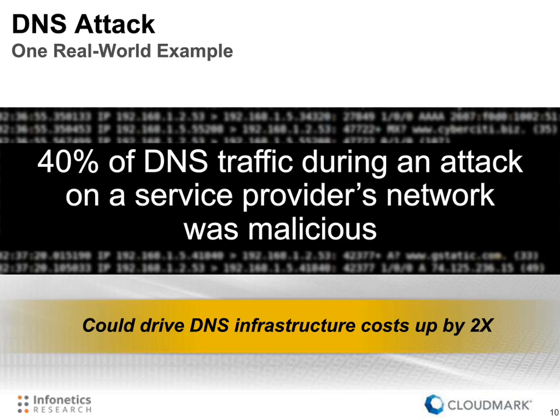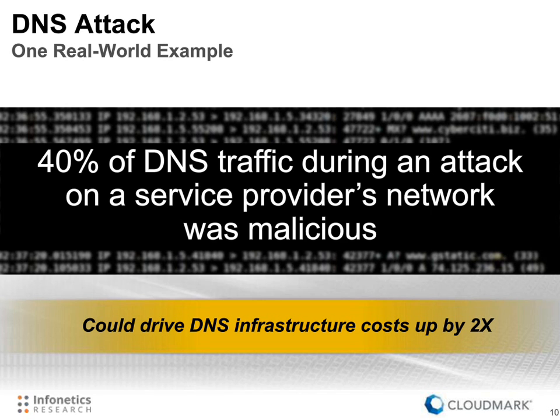The threat that poses is obviously significant. But the second point is, if you're carrying 40% more traffic than you need to carry, then you're building up a DNS infrastructure that's possibly larger than it needs to be. This malicious DNS traffic floating around could drive up your infrastructure costs, in this case, close to double. Almost half of their traffic was malicious traffic that didn't need to be there.